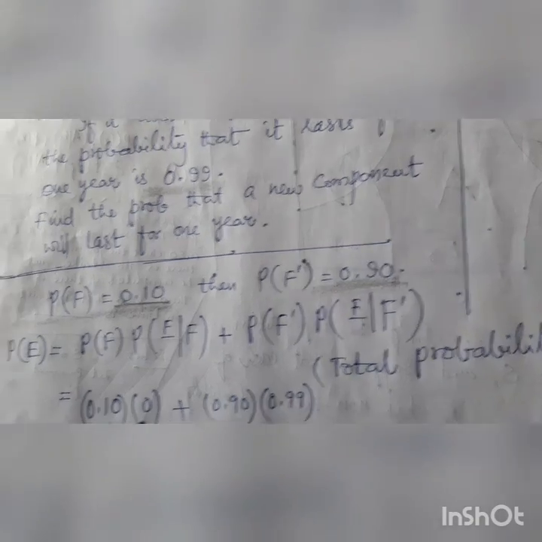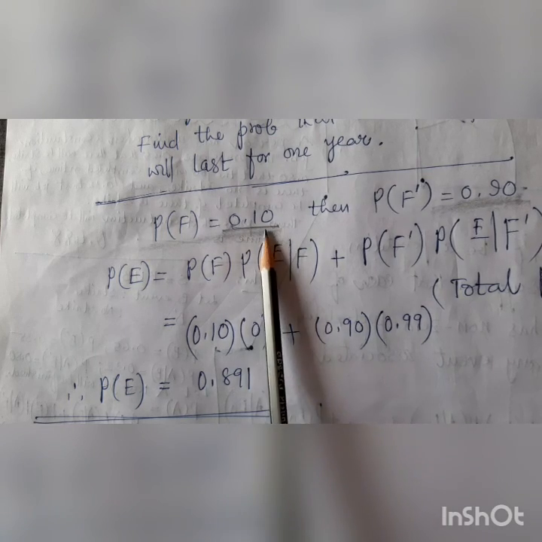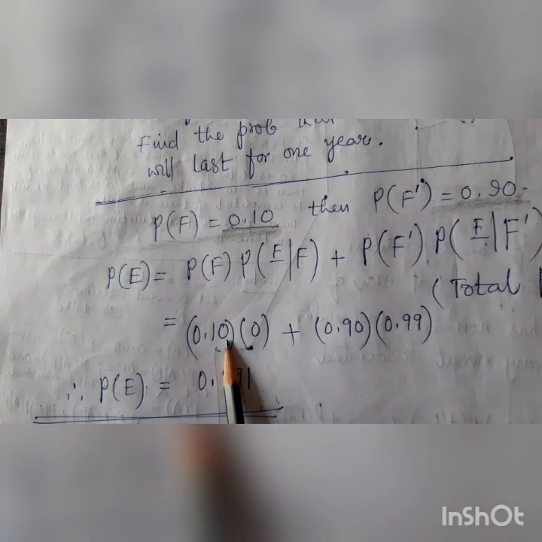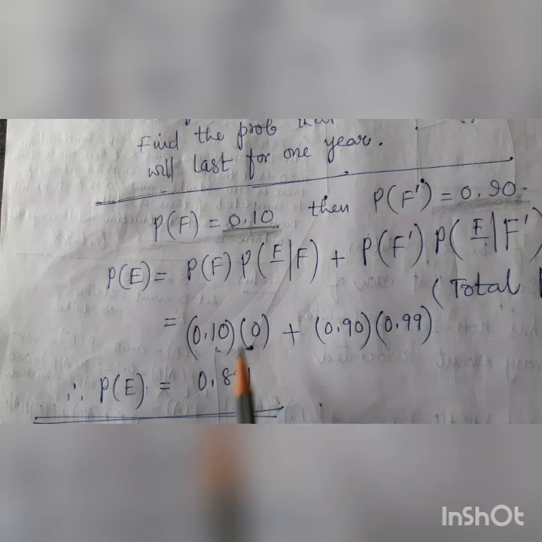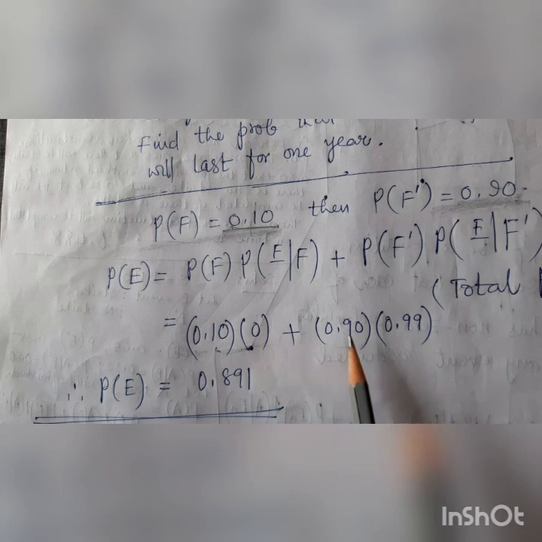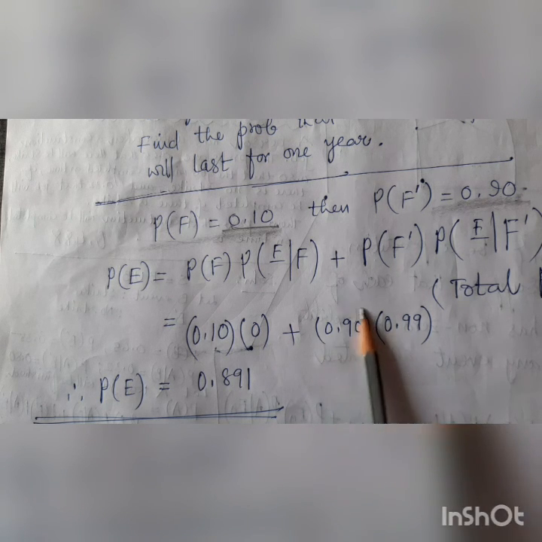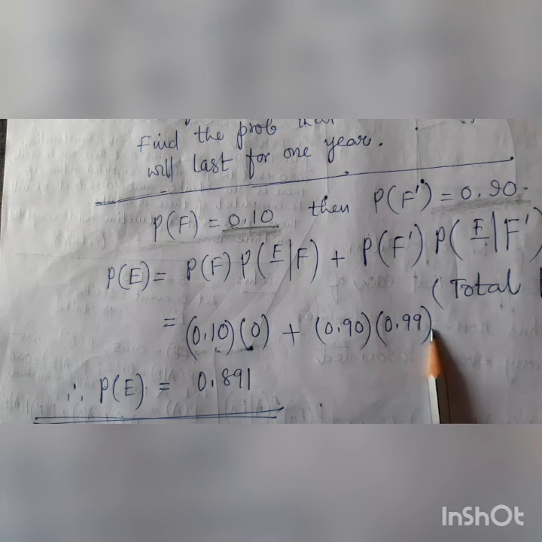So here, the component fails with probability 0.10 and lasting probability is 0, since it fails immediately. With probability 0.90 it works, and this is given in the question, lasting probability 0.99.